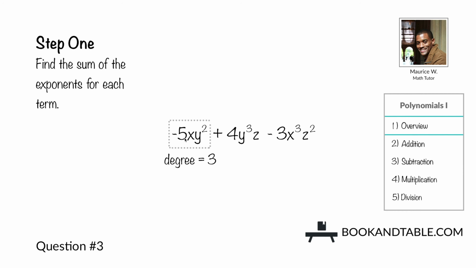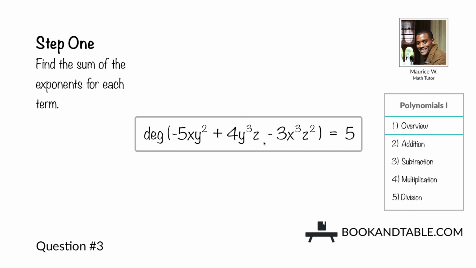And the degree of negative 5xy squared is equal to 2 plus 1, which is equal to 3. So we have a degree of 3, a degree of 4, and a degree of 5. So the degree of the entire polynomial is equal to 5. So that is how we go about finding the degree of a polynomial.